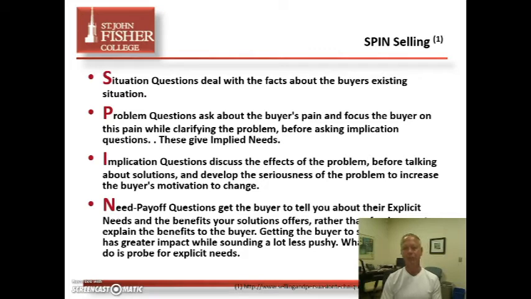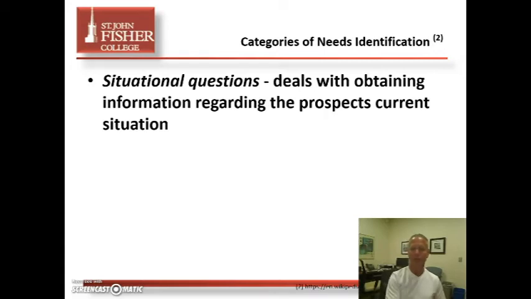So situational questions might be, tell me about such and such. Help me with how you do this, what are some of the issues with that. And then problem questions, you would ask things like, how much of a problem is that? Is it a problem? Tell me about how that can be a problem, etc. Implication, and then need payoff. We're going to go over each one of those.